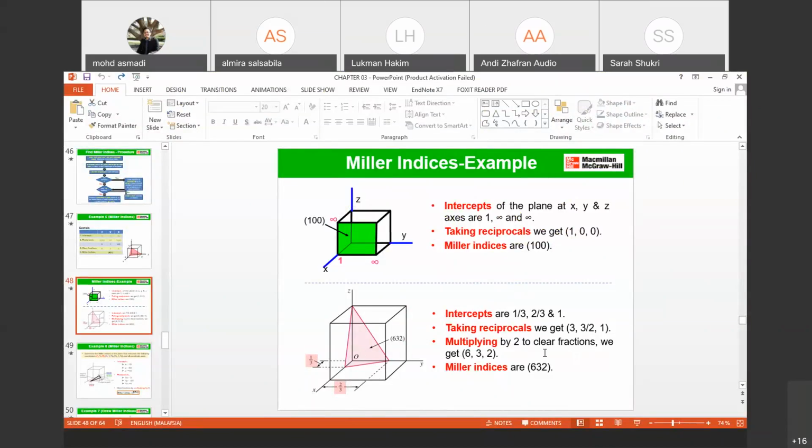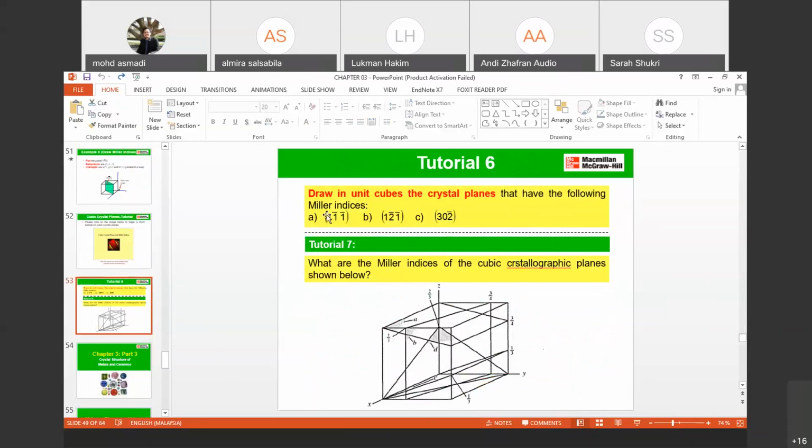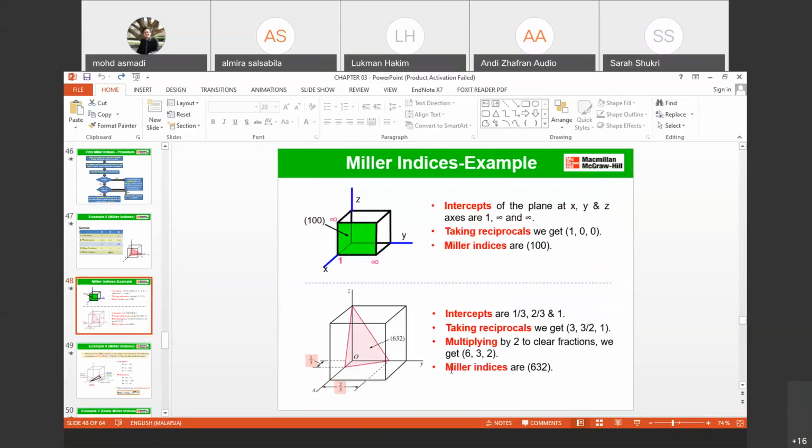Here it is given the intercept; you follow the steps: intercept, taking reciprocal, multiply by integer so that you can get the Miller indices. But just now the question is given the Miller indices, and you draw the plane. Taking the reciprocal, you get the intercept and then you can draw the plane. Oh, I see, doctor.